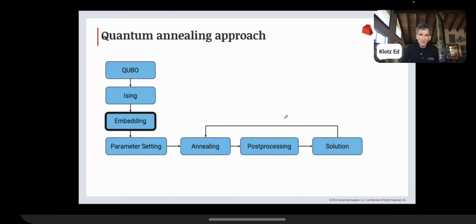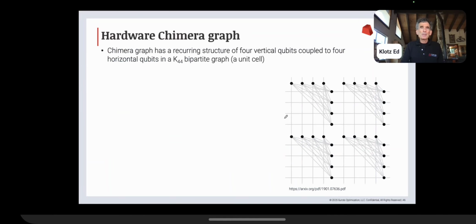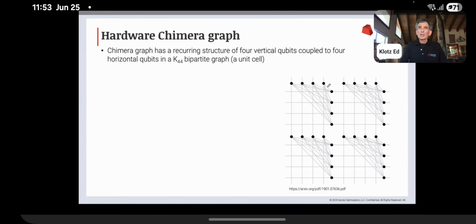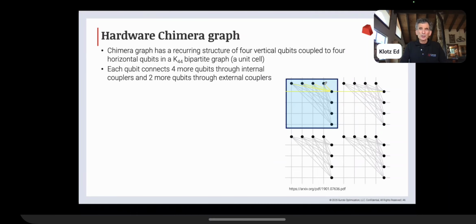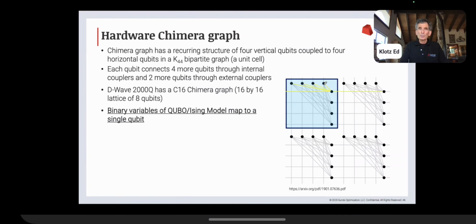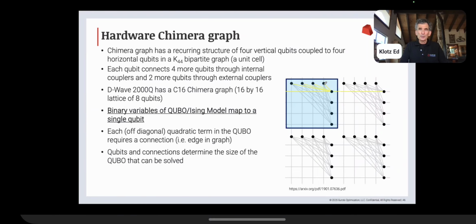The resource consumption occurs in this embedding phase, where fundamentally the hardware that performs the quantum annealing basically is a collection of graphs with nodes and edges, and the nodes correspond to binary variables.